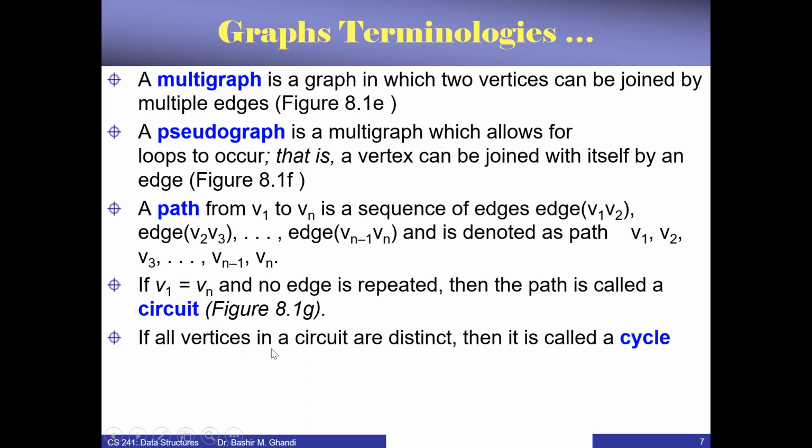If all vertices in a circuit are distinct, okay, so here it says no edges repeated. Now here again it is saying in addition, if no vertices are repeated, all vertices are distinct means no vertex is repeated, then in that case the path is called a cycle.